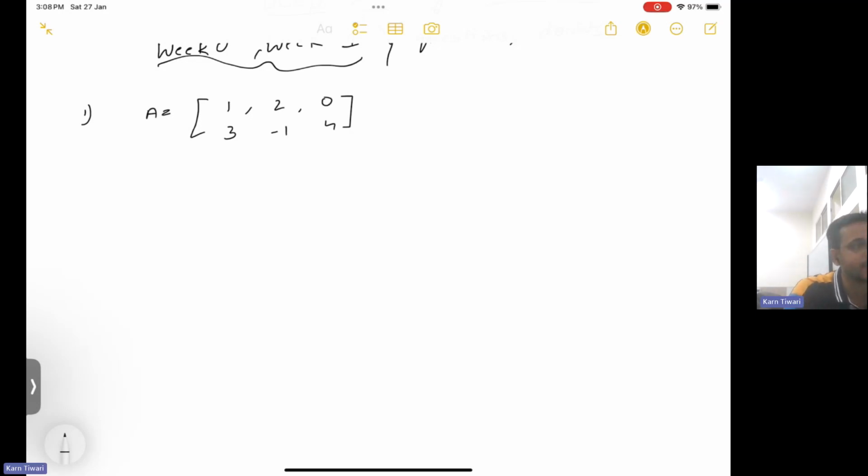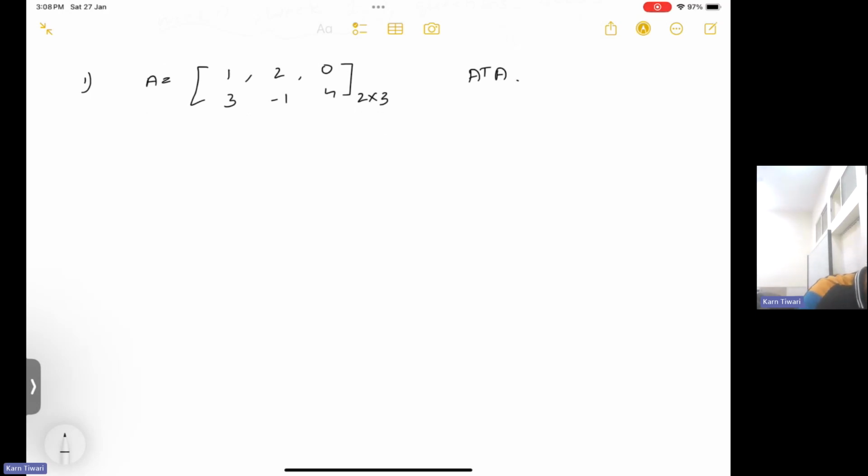It has 2 rows and 3 columns, that is, the size of this matrix is 2 cross 3. The question asked is to find A transpose A.